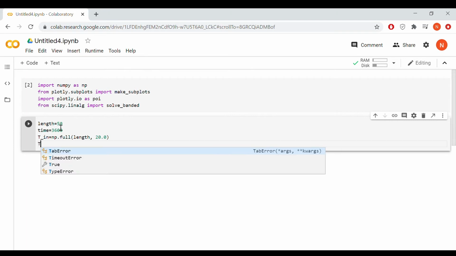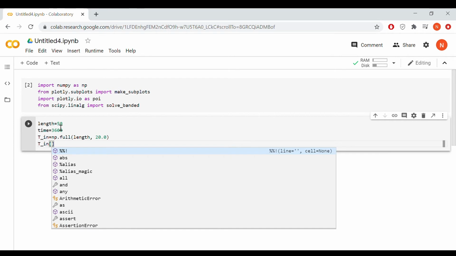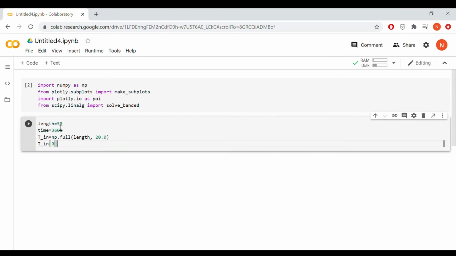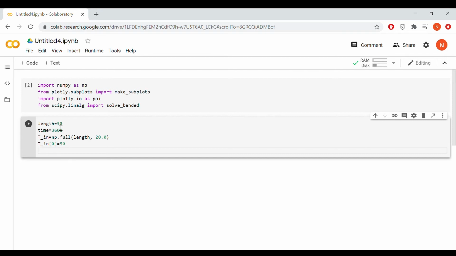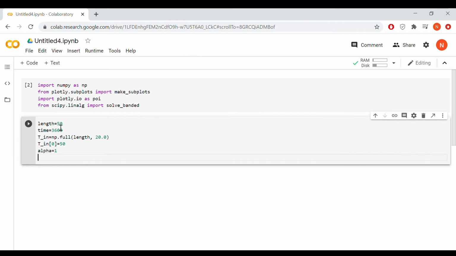Then we'll go t_n, the first is 50 because that is our first initial temperature, 50 at 0 seconds. And then our alpha will be 1. Our change in position dx will be 1.